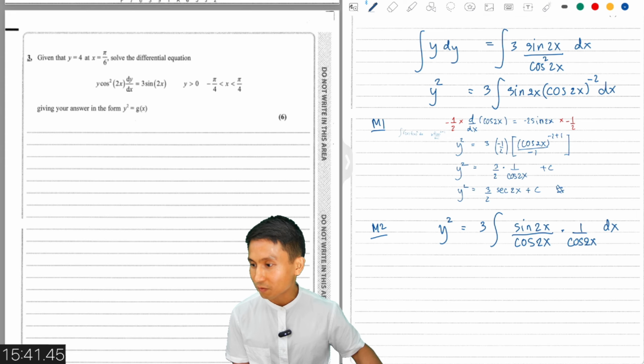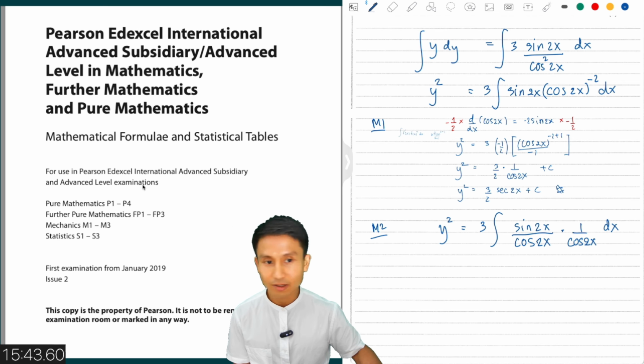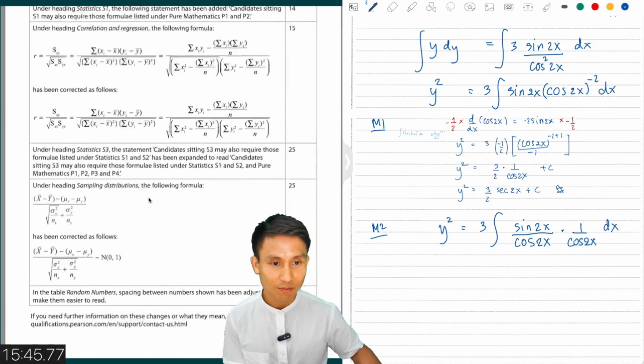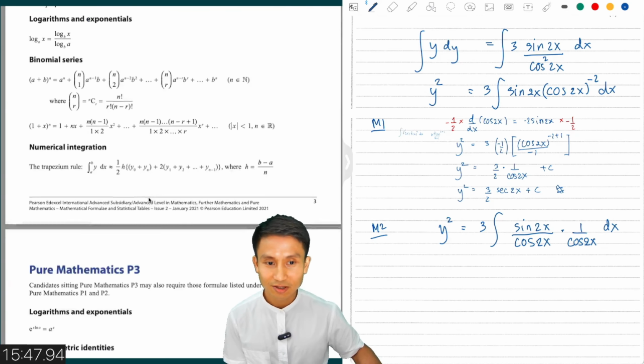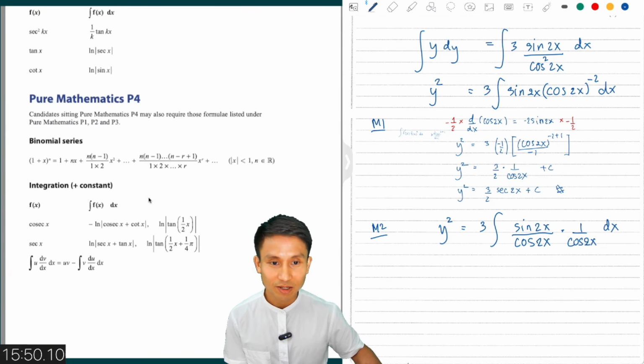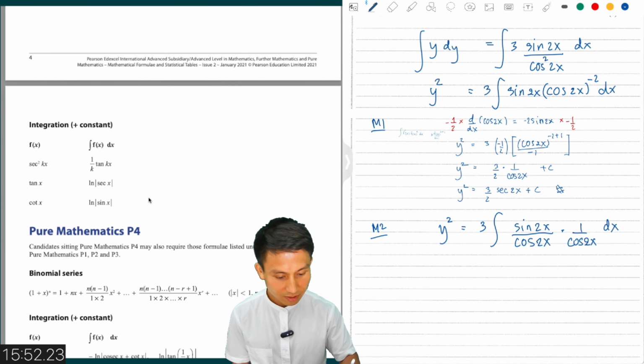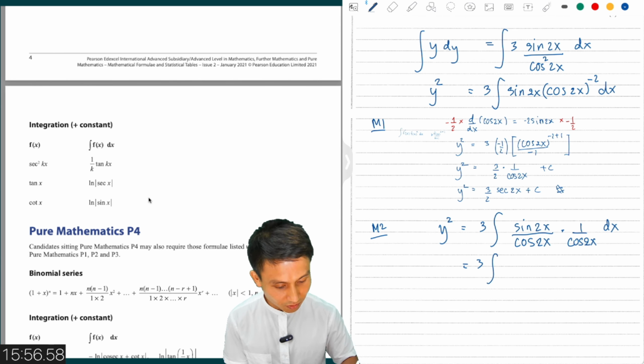And if you look at the formula sheet, if you're not that good with memorizing all the standard calculus formulas, we are integrating sine over cos, which is tan 2x, and that's just sec 2x dx.